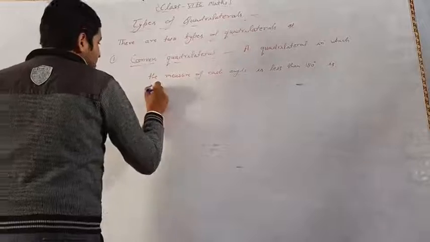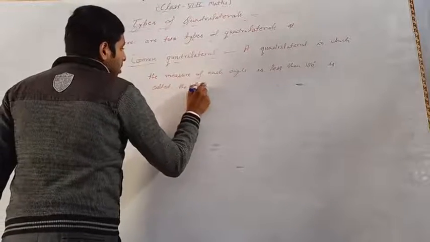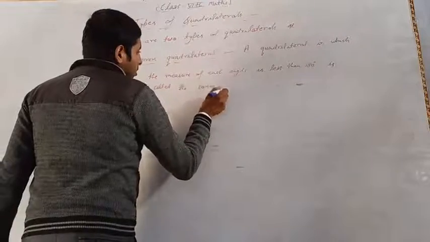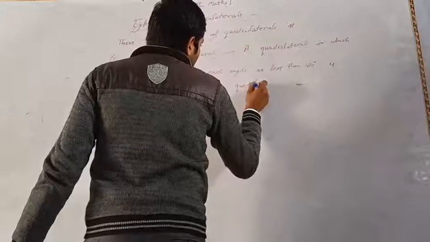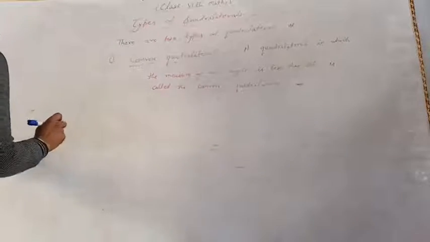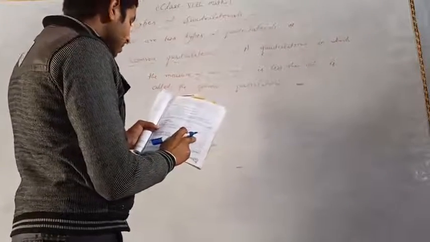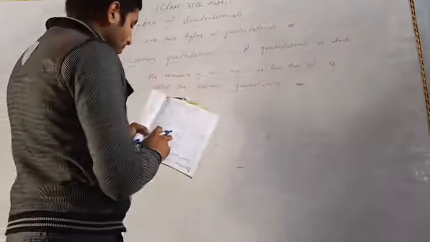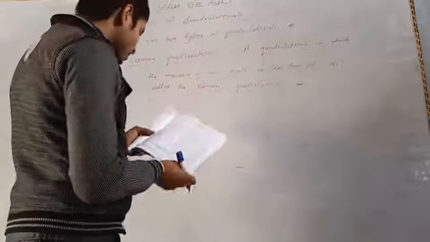Here ABCD is a convex quadrilateral, and you have to draw the figure, write this definition, and learn this definition.